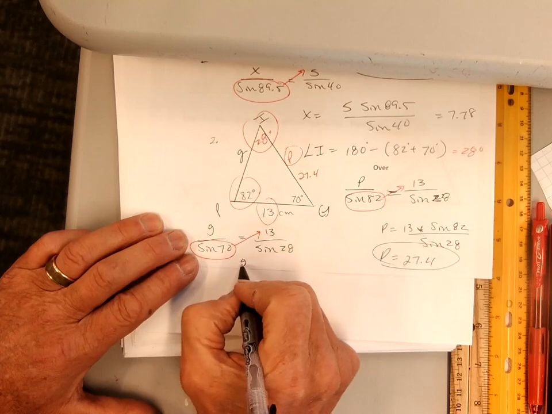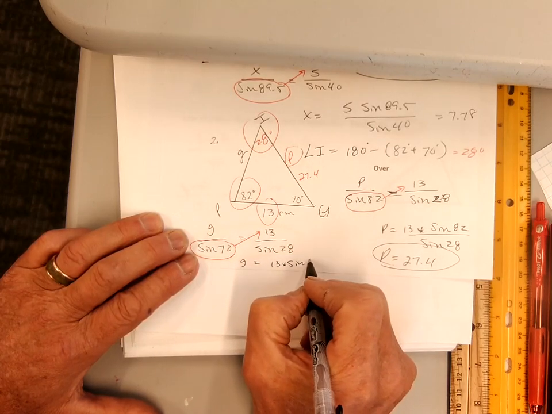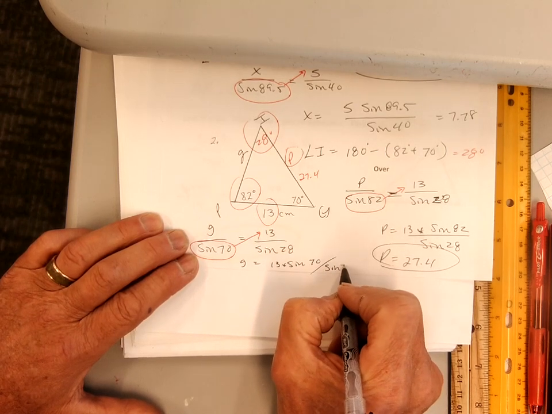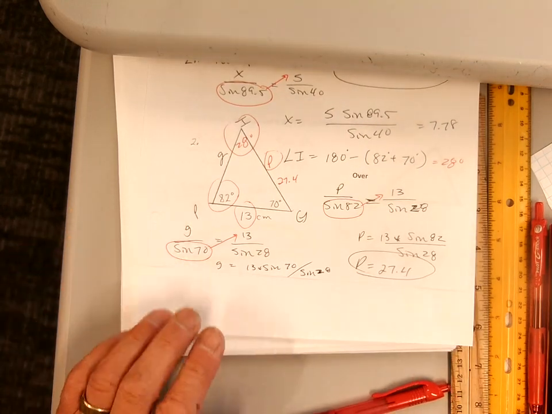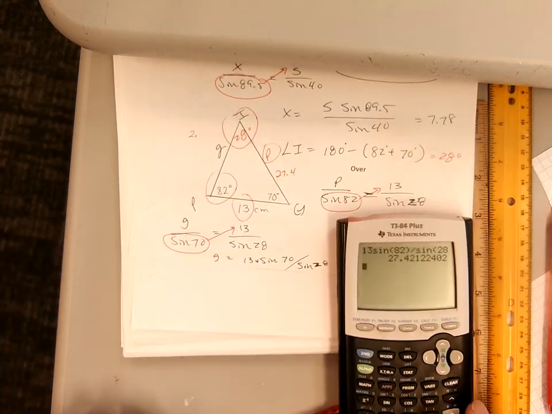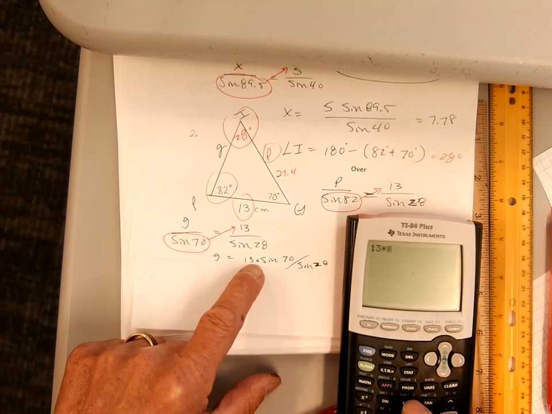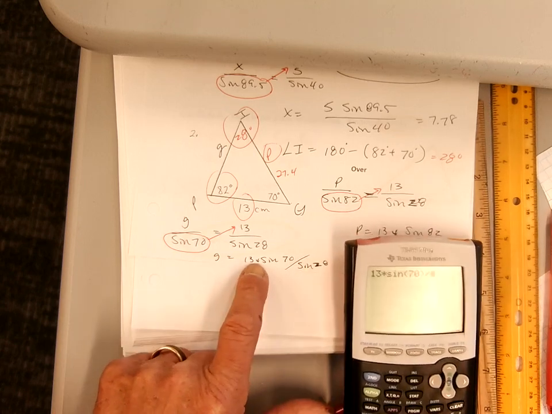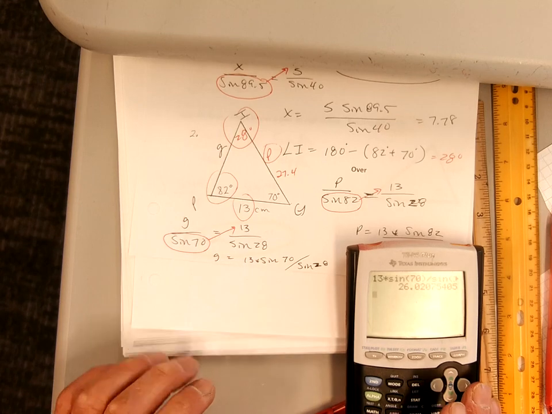So we have a little g equals 13 times the sine of 70 divided by sine of 28, all right? I'm just going to use my calculator. 13 times sine 70 divided by sine 28. And I get an answer of about 26.